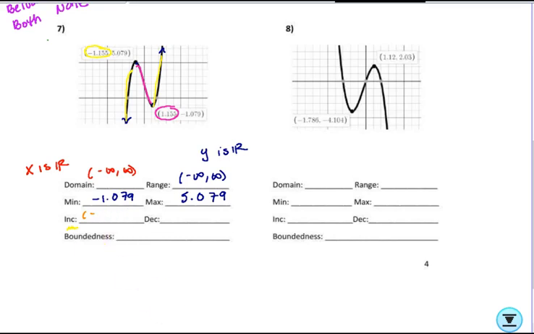Hang on. Increasing, let's do this. Negative infinity to negative 1.155. And union is and, again, from positive 1.155 to infinity. That's this interval.